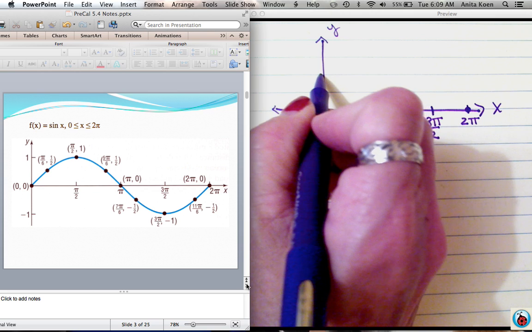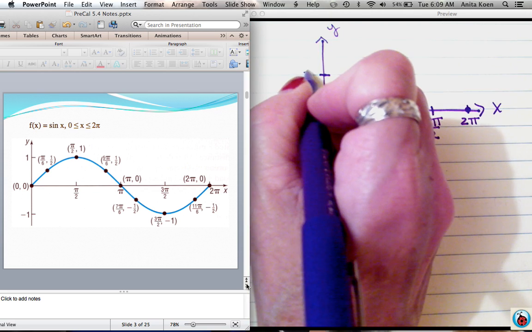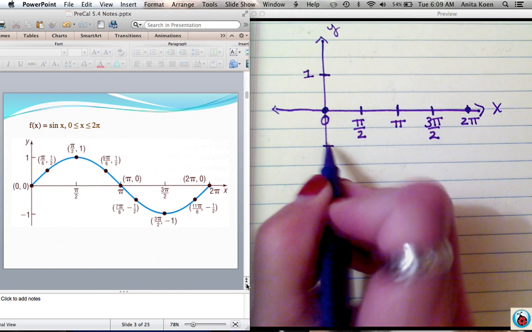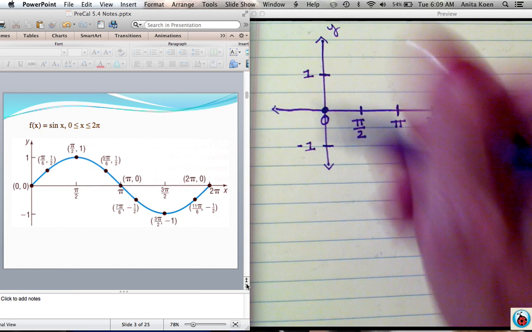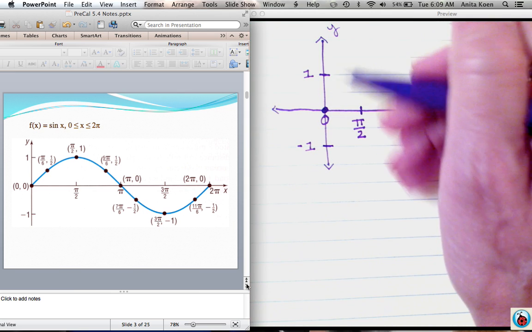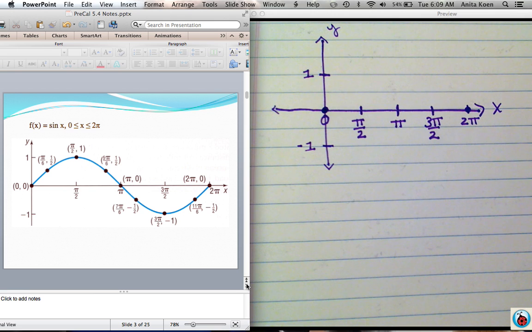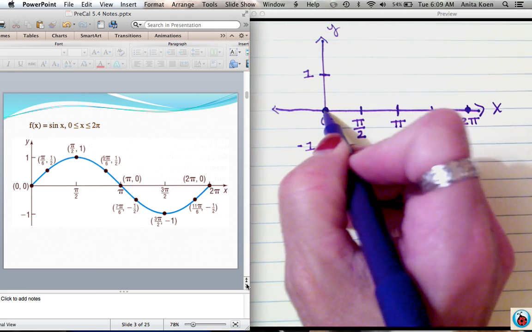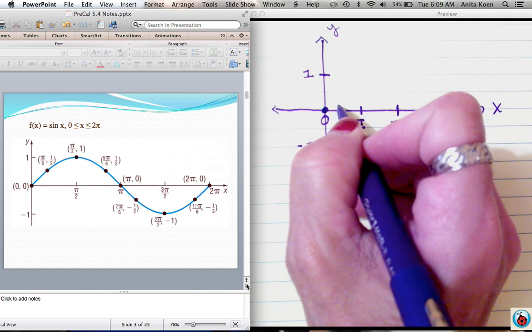Now I know that the maximum value of my sine is 1, and I know that the minimum value of my sine is -1. So I'm going to put those values on my y-axis because that's the range of the sine function, from -1 to 1. And now I can just plot my points. So 0, 0, pi over 6, 1/2.